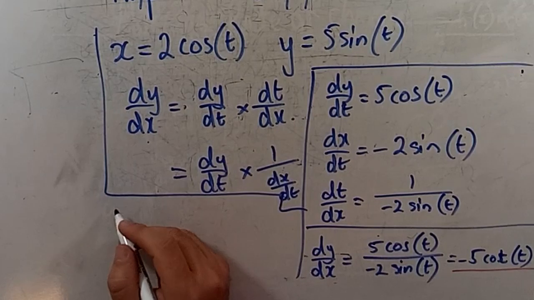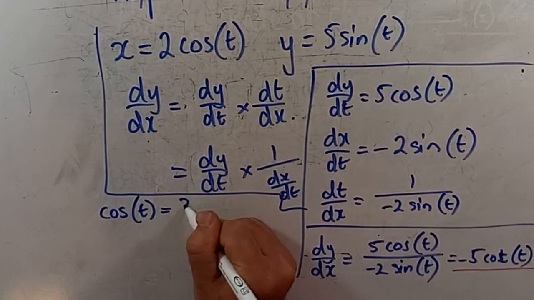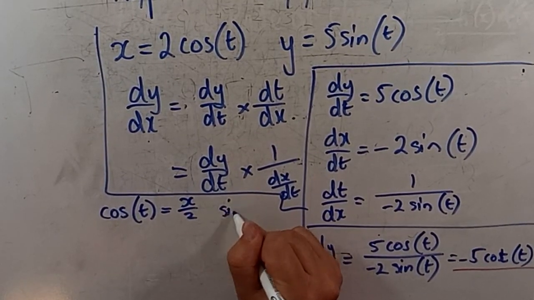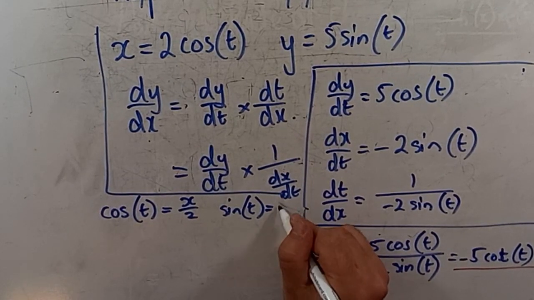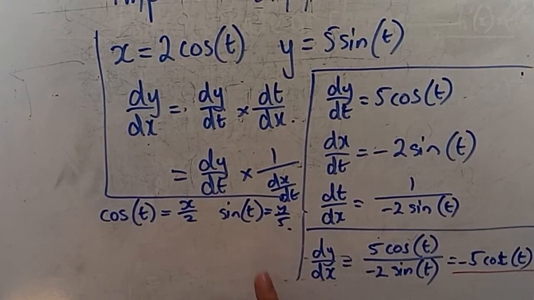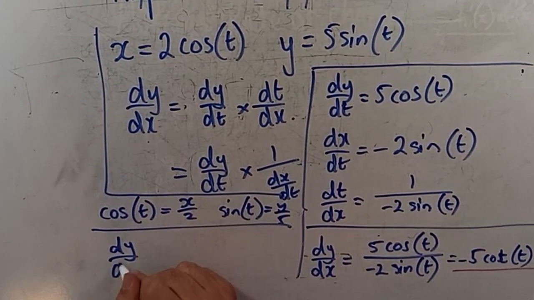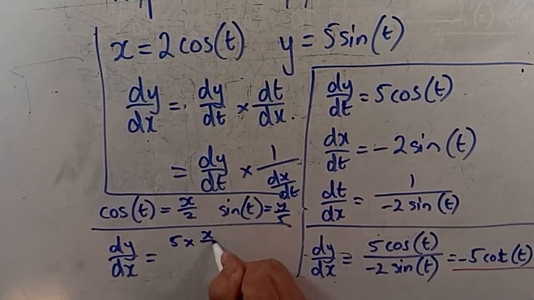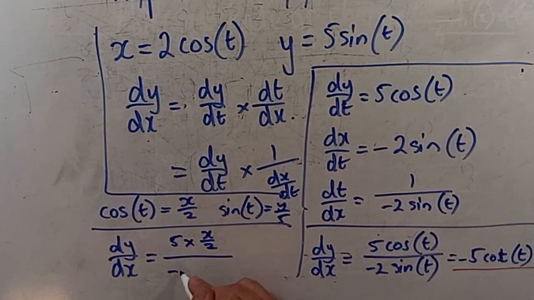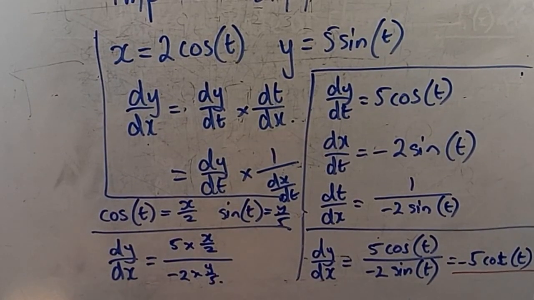Alright, so we know cos of t is the same as x on 2, and we know sine of t is the same as y on 5. So if we substitute these in for the cos and the sine, what do we get? dy/dx equals 5 times x on 2, over negative 2 times y on 5.